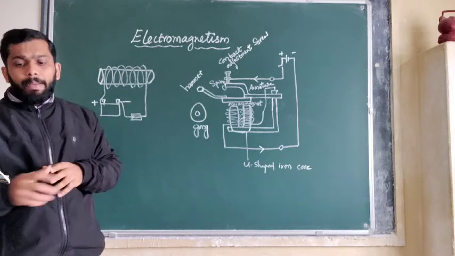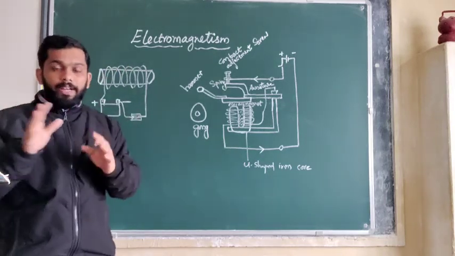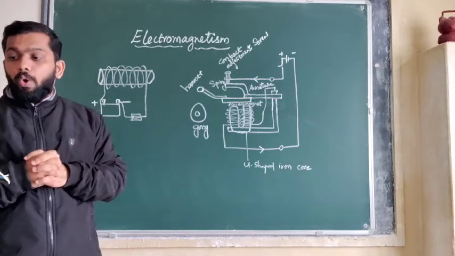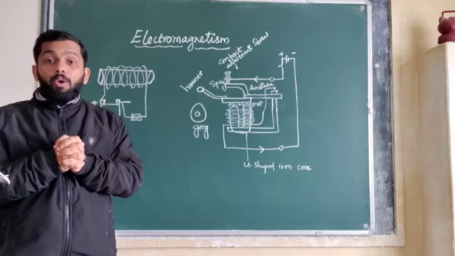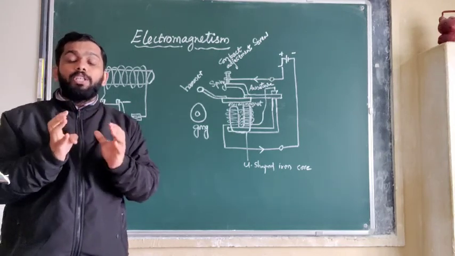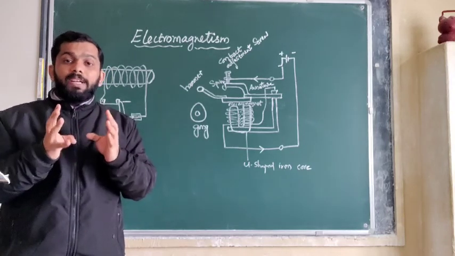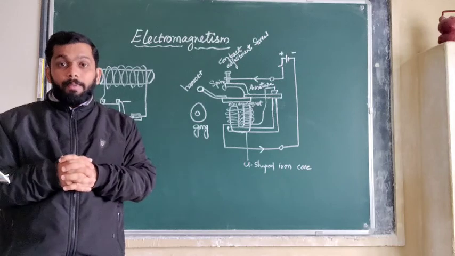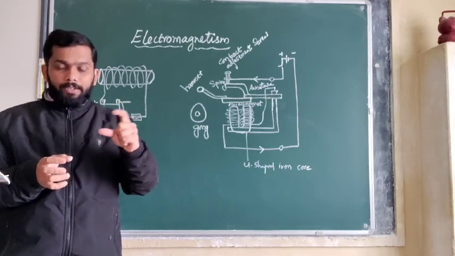Electromagnetism, I think on page number 89 it is given: when an electric current is passed through a coil of insulated wire wound around a soft iron core, the soft iron core acts as a magnet. This property is called electromagnetism, and the magnets thus formed are called electromagnets.